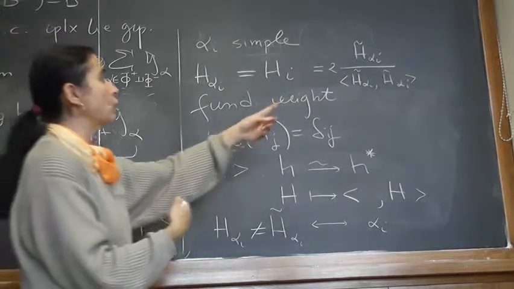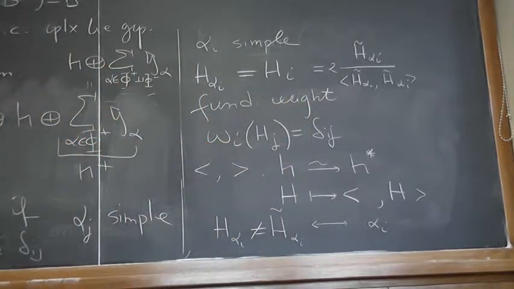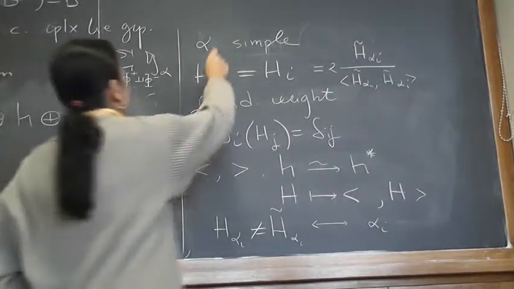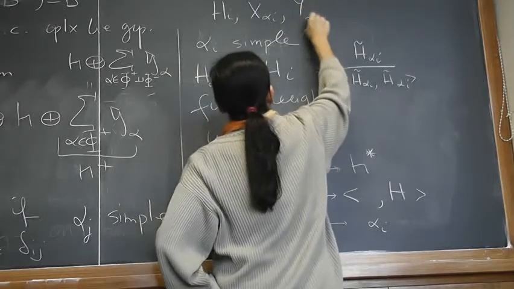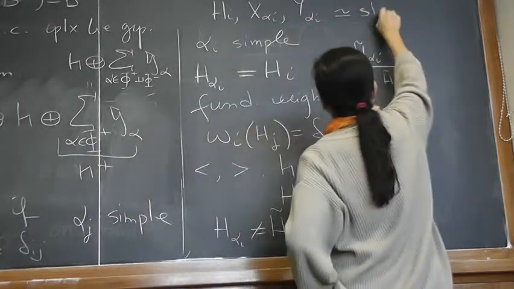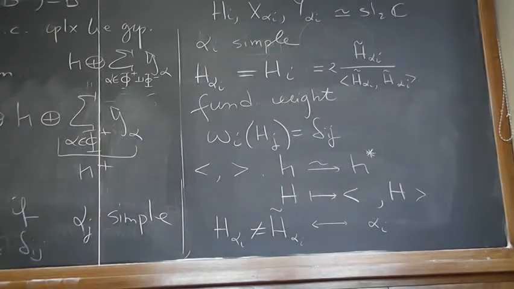You want HI, X alpha I, Y alpha I to be the same as SL2C. If you don't do this normalization, you will not find SL2. You will find something that looks almost like SL2, but doesn't have the right coefficients.